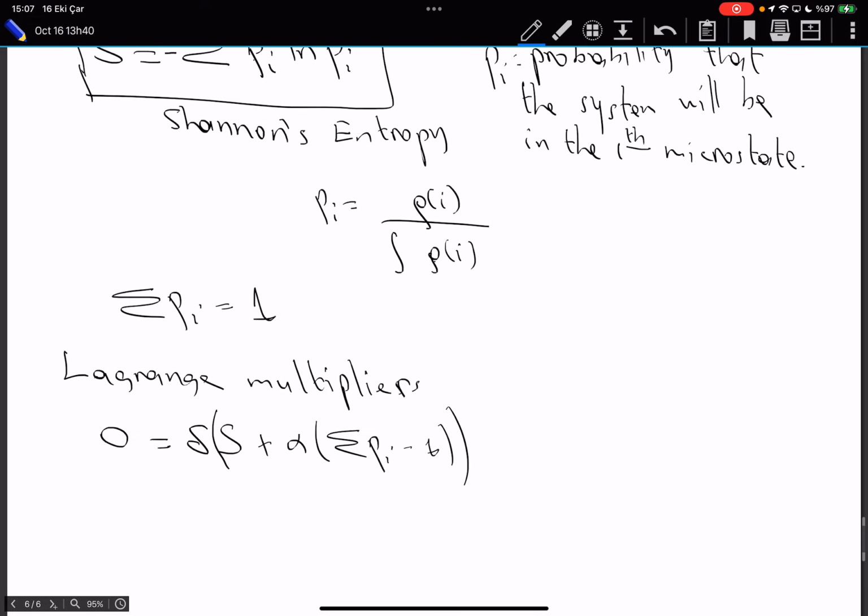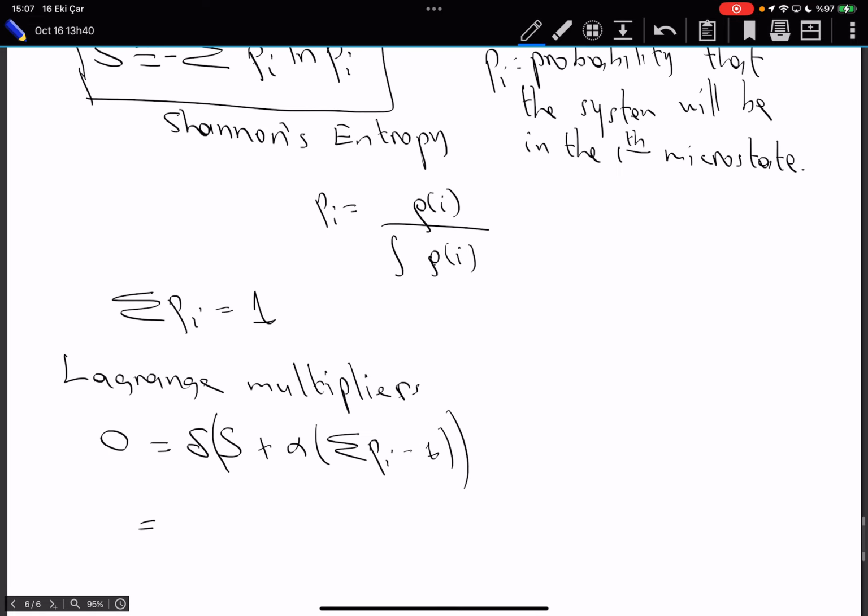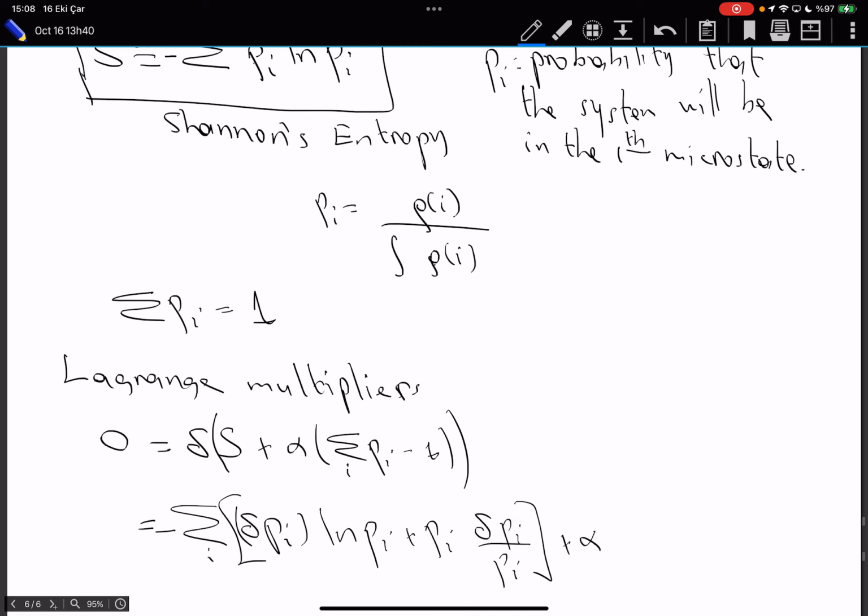Well, let's see. This is equal to minus the change in pi times logarithm of pi plus pi times the change in pi divided by pi. This is the variation of S as I change the values of pi. Plus alpha, the variation in pi, this should be 0.